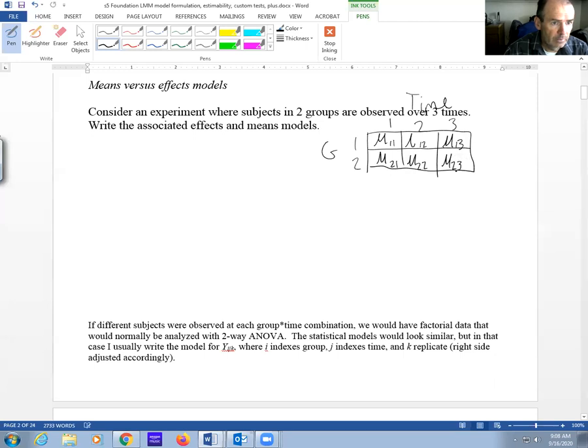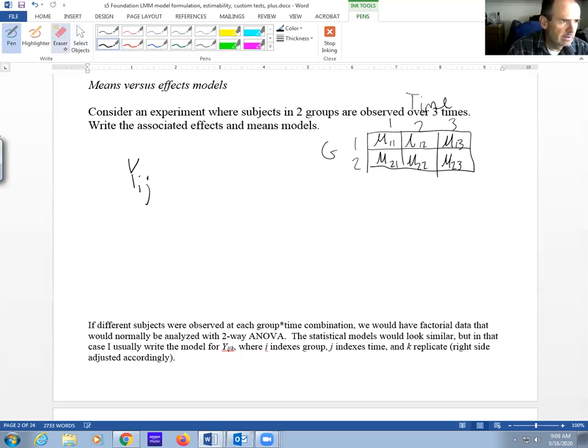So writing a model for this, we have 3 elements that we need to be concerned about. We have subjects involved in this, we have time, and we have group. Normally for a longitudinal model, we write Y_ij, where i is subject and j is time.